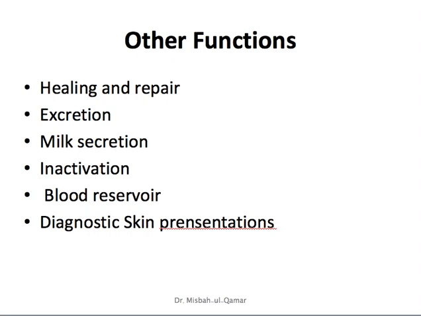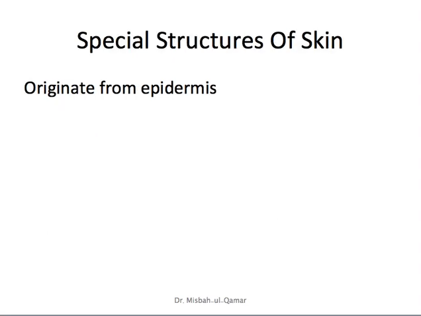Now we will move on to the specialized accessory structures of skin, which originate from the dermis, and they include hair and hair follicles, nails, and very important, skin glands. So we will cover them one by one.